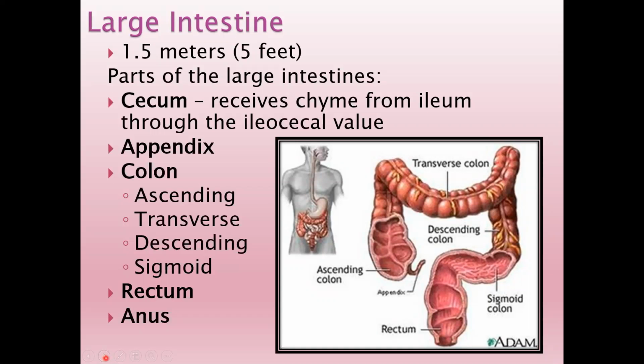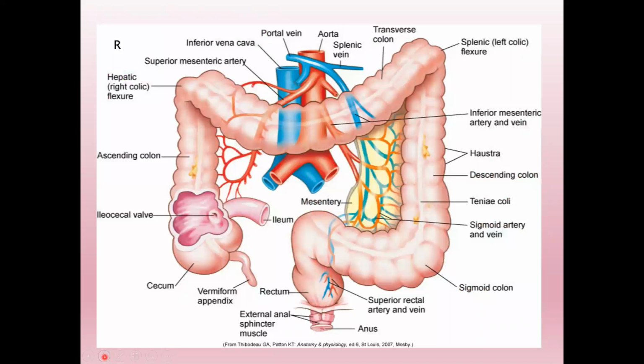We'll talk about that with constipation a little bit. Okay, so I don't want to do this too much. Here's the ileum, the ileocecal valve, the cecum, ascending, transverse, descending, and then rectum and anus.